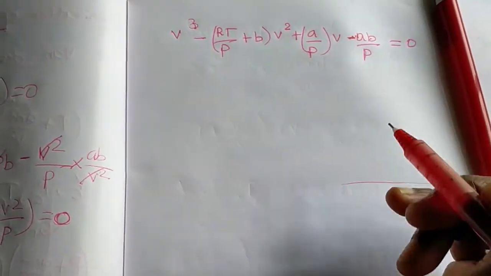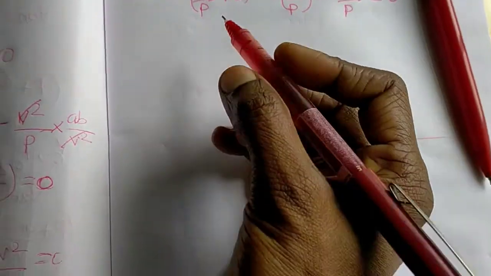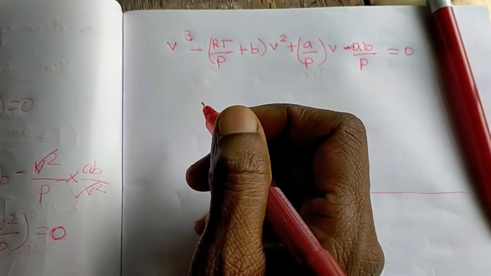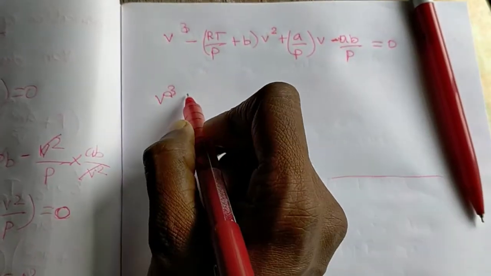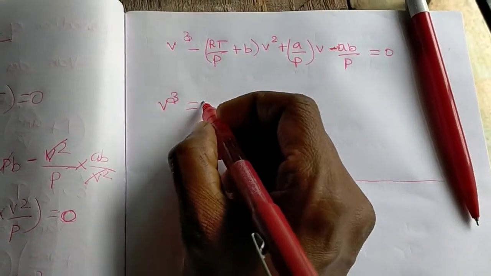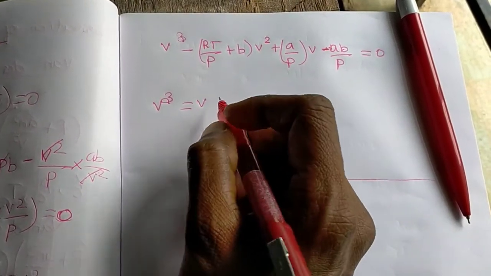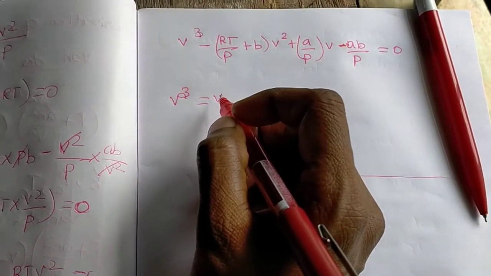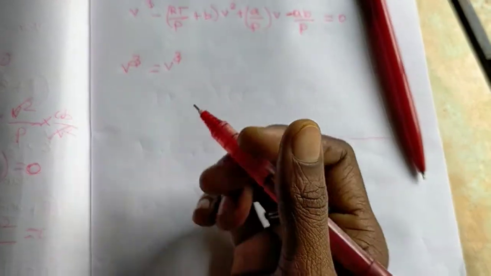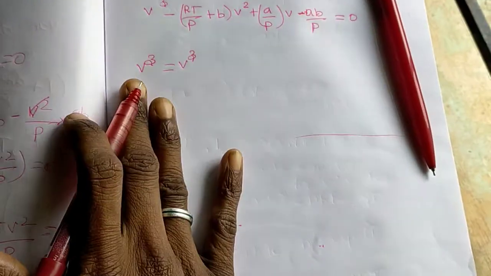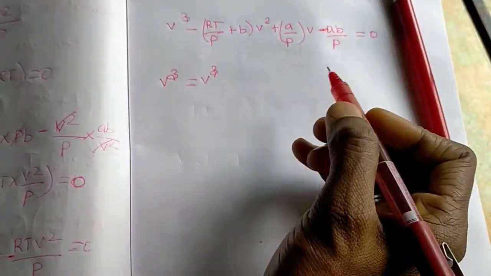Okay, this is equation number 4. So we are going to equalize this equation with the cubic equation. First term V cube is equal to V cube, so the first terms are the same, and we are not going to find anything from this.